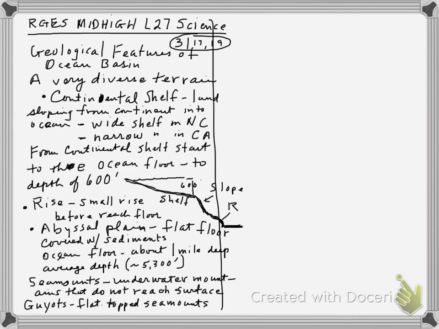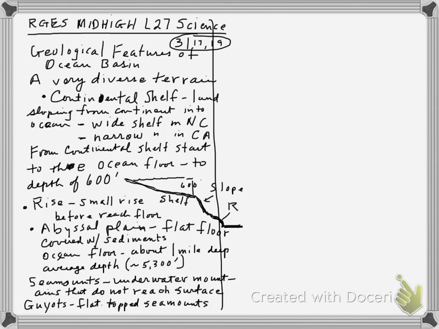Now, a guyot, G-U-Y-O-T-S, guyot is a flat-topped seamount. Okay, so guyots are out in the ocean, particularly in the Pacific. We see a lot of these flat-topped seamounts. They don't really know why these mountains are flat-topped.